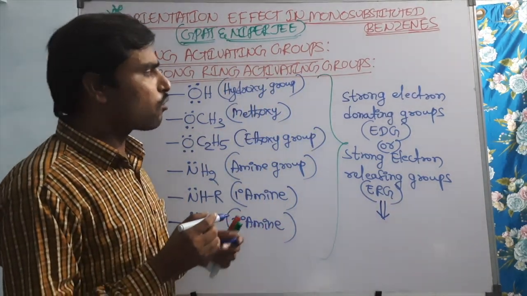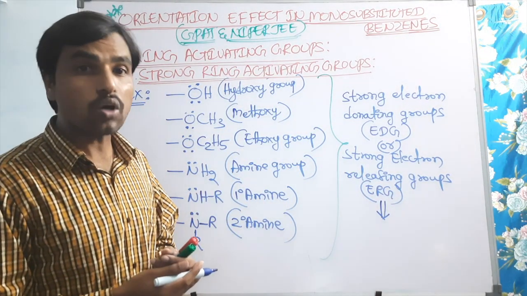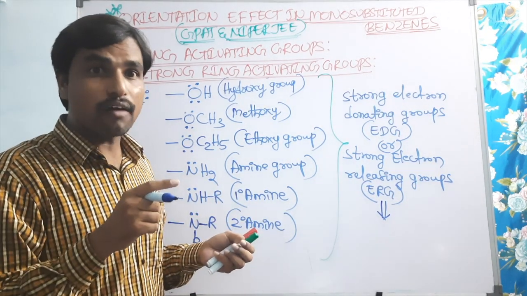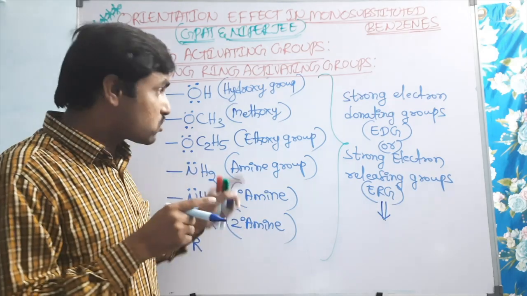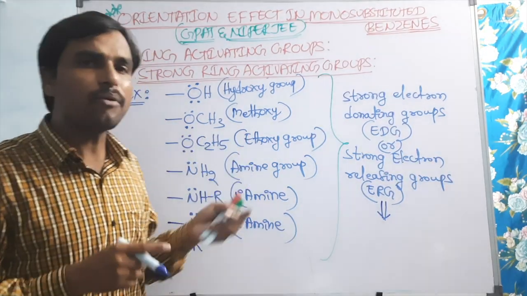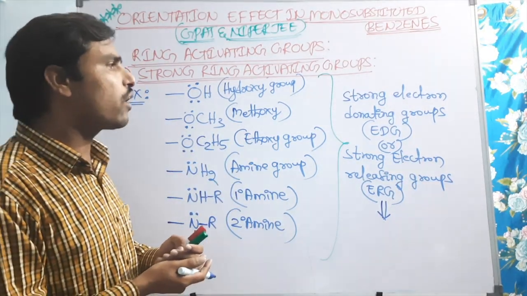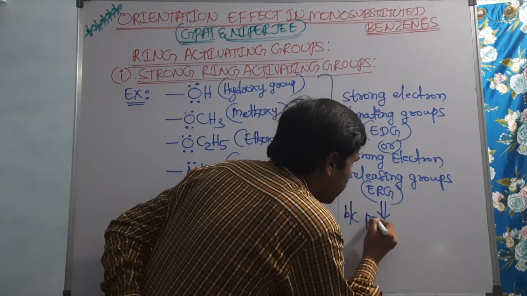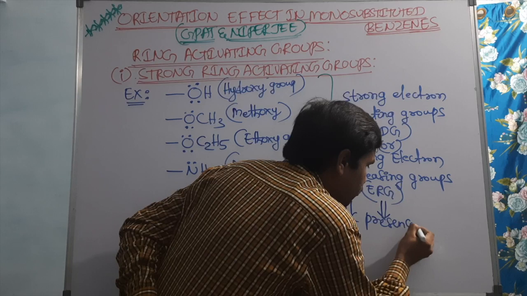Why can these compounds act as electron donating groups? Because of the presence of lone pair of electrons on these compounds.